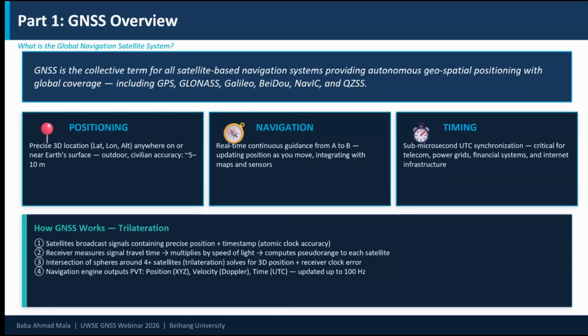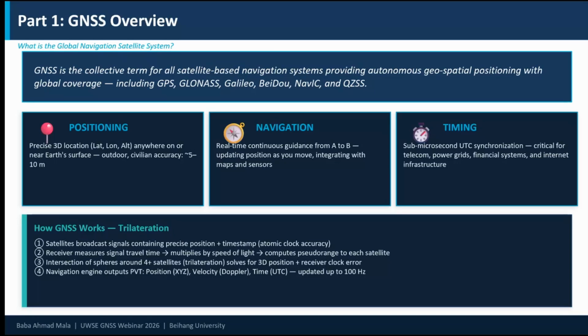GNSS overview. GNSS is a collective term for all satellite-based navigation systems, providing autonomous geospatial positioning with global coverage, including GPS. GPS is the most popular one. We keep hearing about GPS. Then we have GLONASS of Russia, Galileo in Europe, Beidou of China, NavIC of India, and QZSS of Japan.